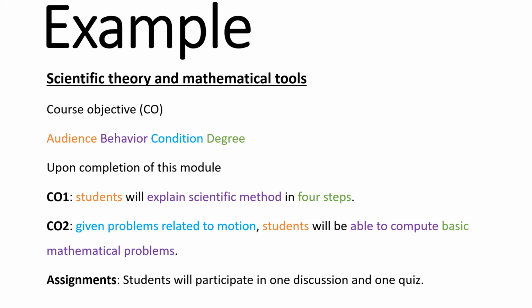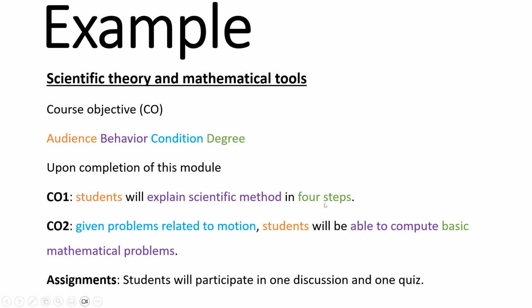So the degree is just basic. I don't want to get advanced capability in my students, right? Mathematical problems is the behavior, so they should be able to compute the mathematical problems.